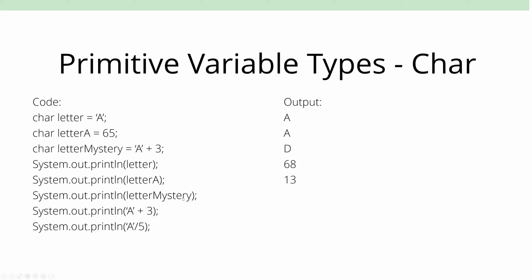So when I print out letterMystery, inside of letterMystery is the value 68. But because letterMystery has been declared as holding a character, it's going to find a character equivalent and print out D. In this line of code, I'm just adding 3 to capital A, which is 68, and printing it out. And the last one is very similar. When I divide capital A, which is 65, by 5, I get 13.